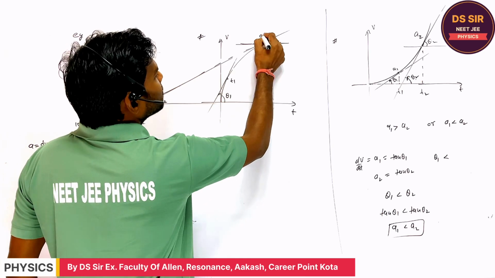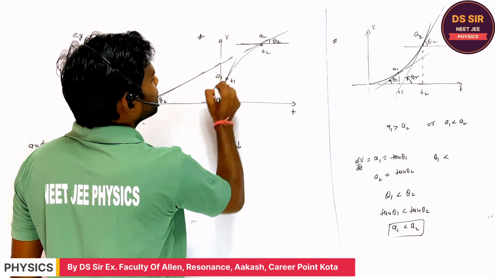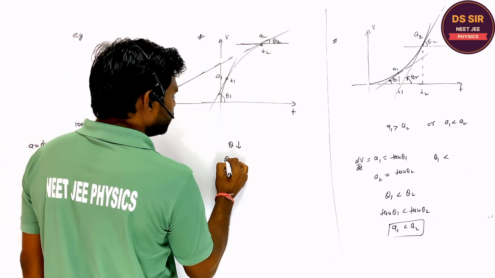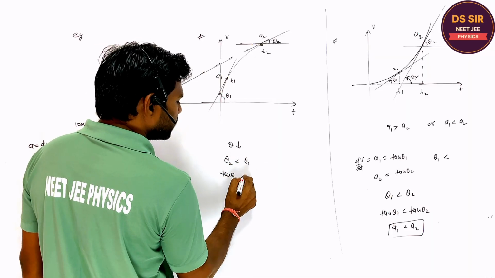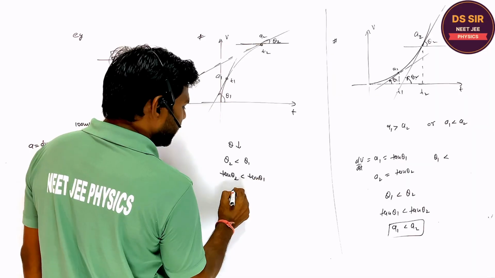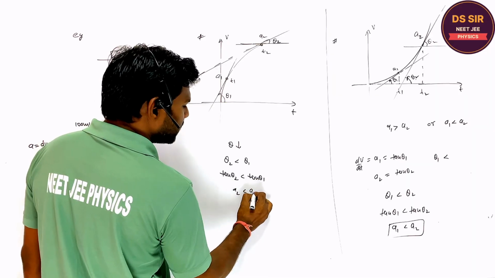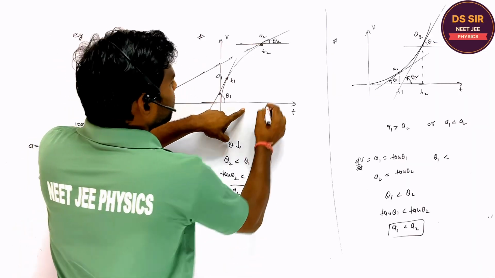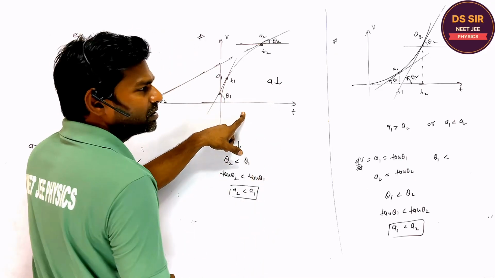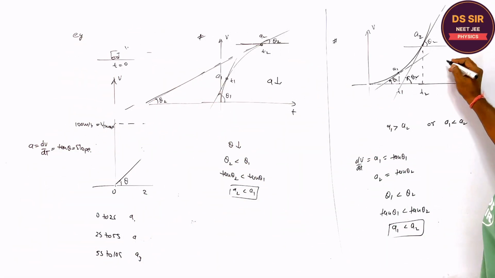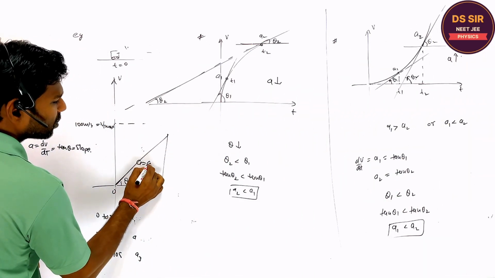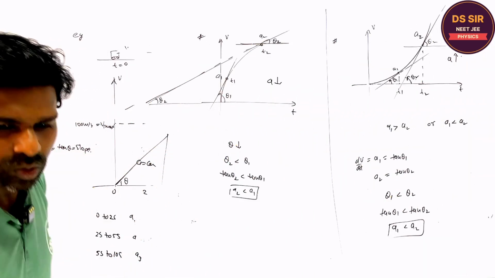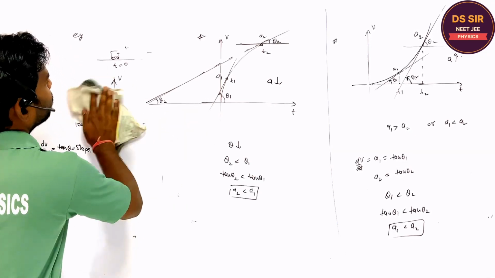So if the acceleration at this point is a2 and acceleration is a1, theta2 is less than theta1, tan theta2 is less than tan theta1, so the acceleration a2 is less than a1. In this case, acceleration is decreasing. In the other case, acceleration is increasing. If the straight line was there, the acceleration was constant. You understand this concept or not? Vrinda, please tell.